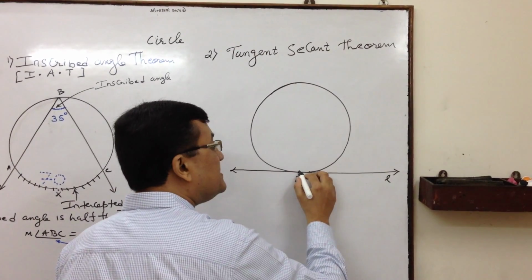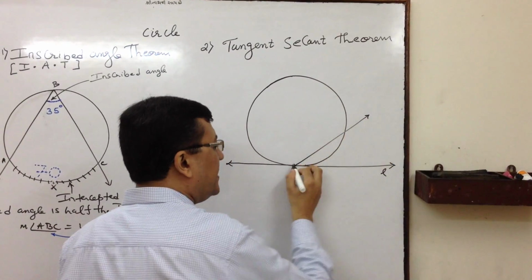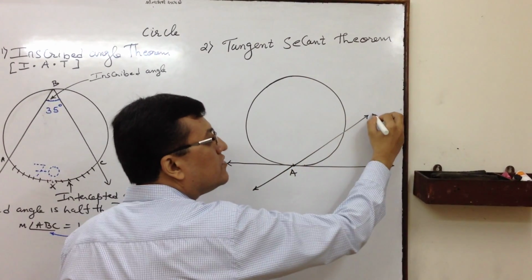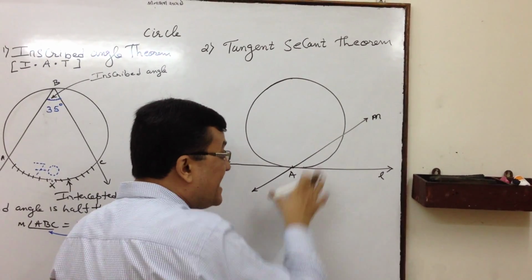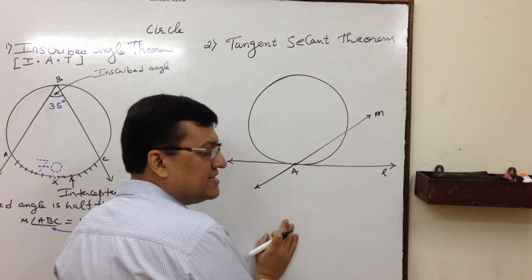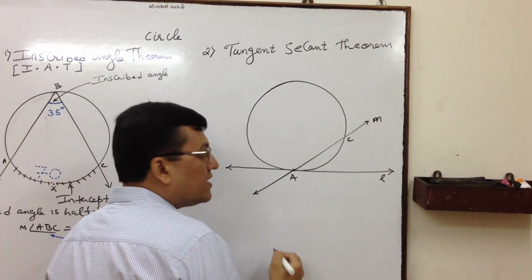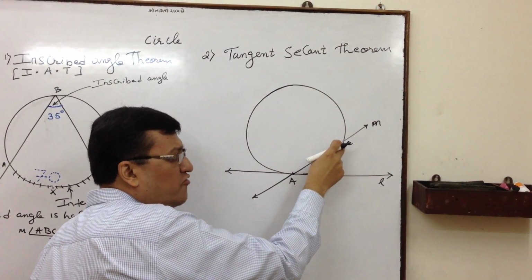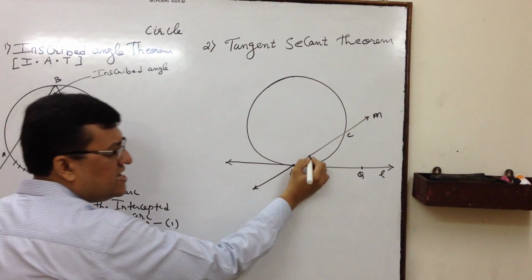The secant is, say, line M. Line M is a secant, intersecting the circle at two distinct points. This is, say, point C. Can we see an angle so formed between these two lines? That is angle CAQ.